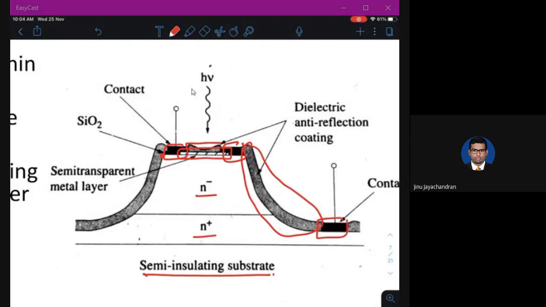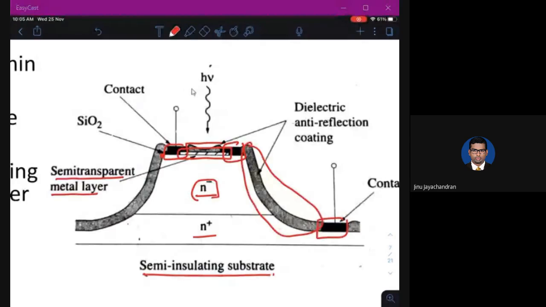The metal layer is semi-transparent, meaning it allows the photon to pass through so that it is incident on the N minus layer to create the electron-hole pair.